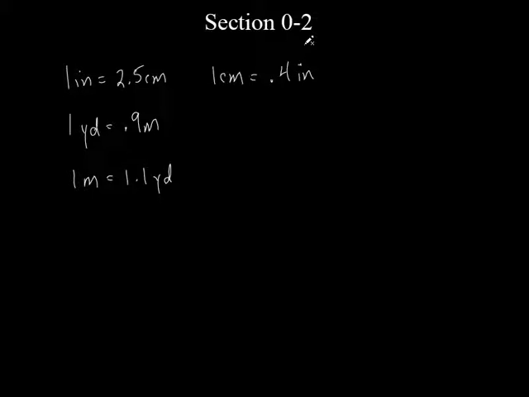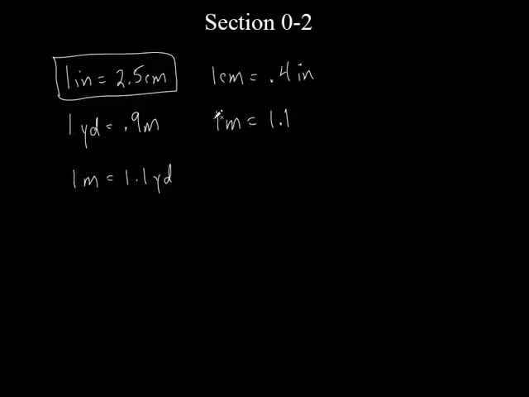Okay, and then let's do a couple more. 1 meter. Again, I think you can get along with just knowing the main one for all these length conversions, but I'm going to throw these in here anyway. 1 meter is 1.1 yards. Oh, we already said that. Sorry. Here's the one.